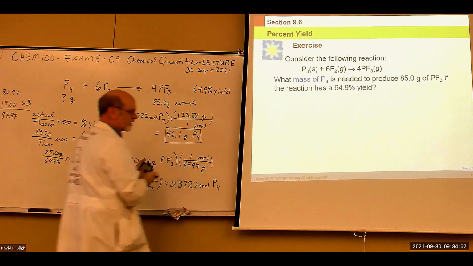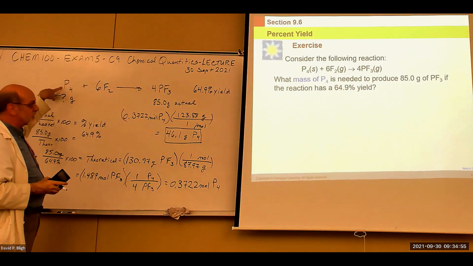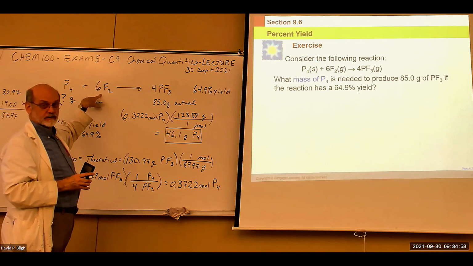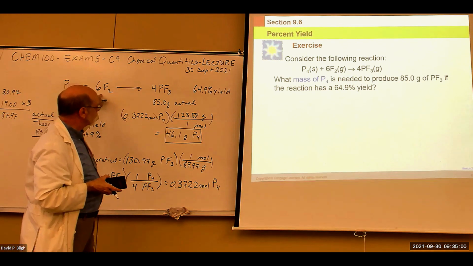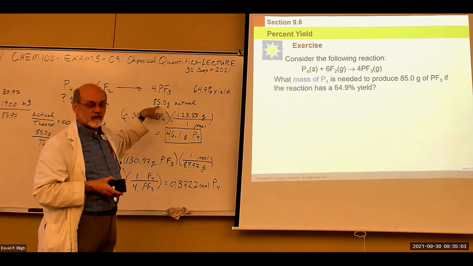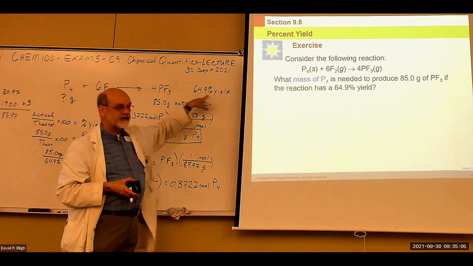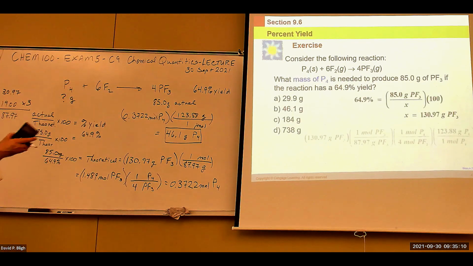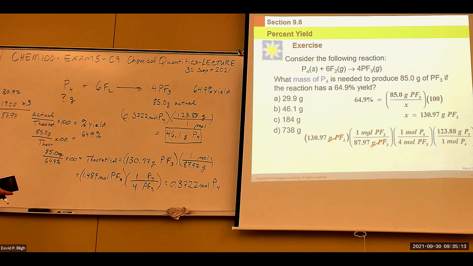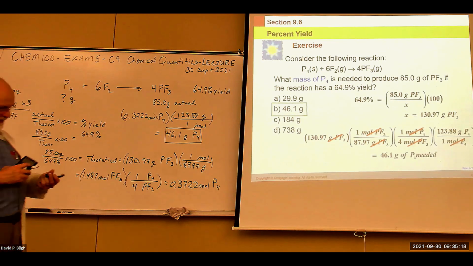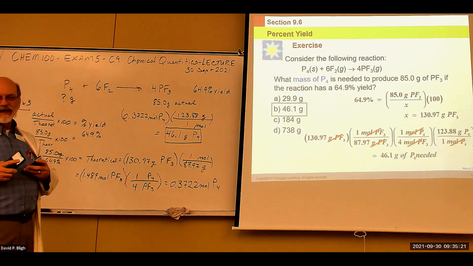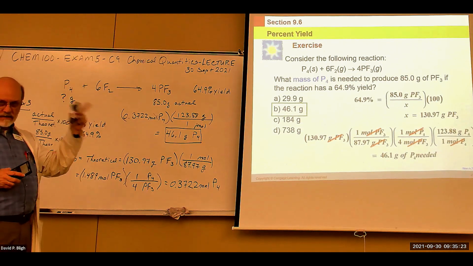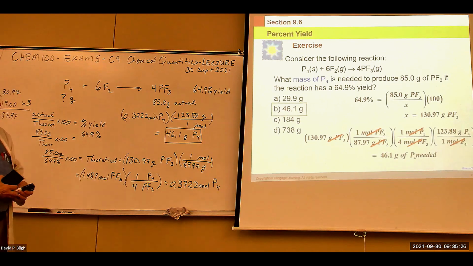That's what we need to start with. That many grams of P4, with excess fluorine, to produce an actual amount of 85 grams of product with this efficiency. Okay, there are all your calculations, and we should come up with 46.1 grams. That pulls everything together that we've learned in this chapter so far, in a single problem.